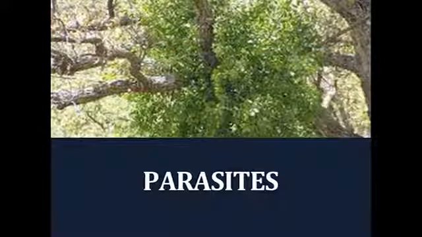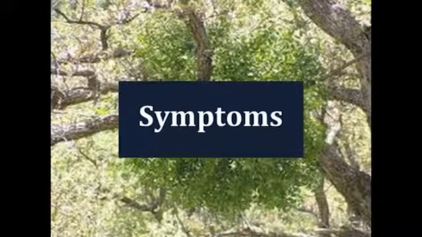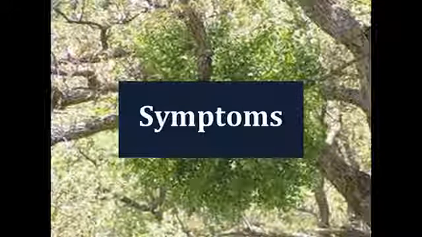Next important disease is the parasite. It is a Loranthus species. Now let's see the symptoms of this parasite. The guava tree is the prey of many parasites and the most interesting of these are so-called phanerogamic parasites and epiphytes.